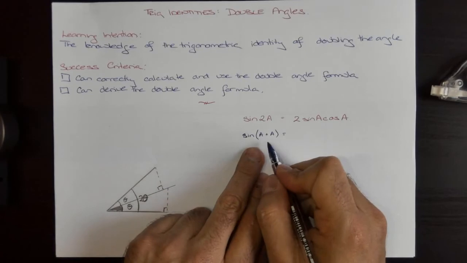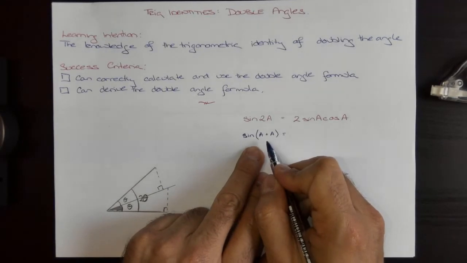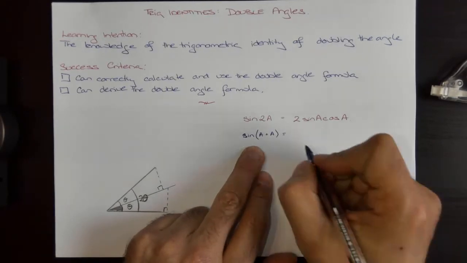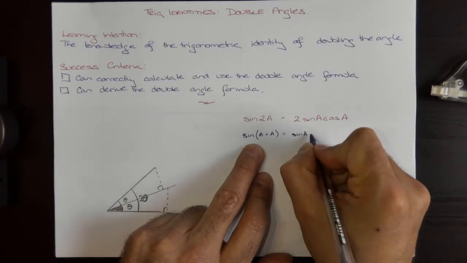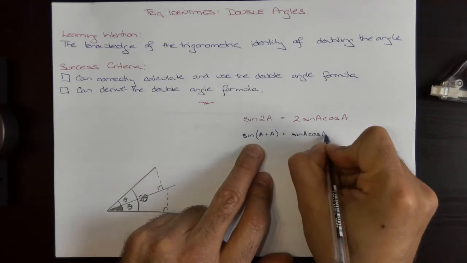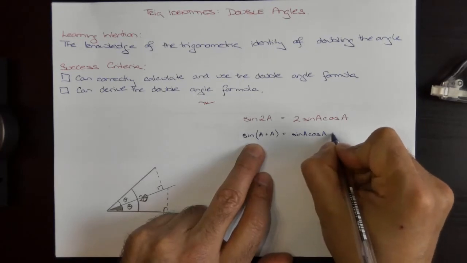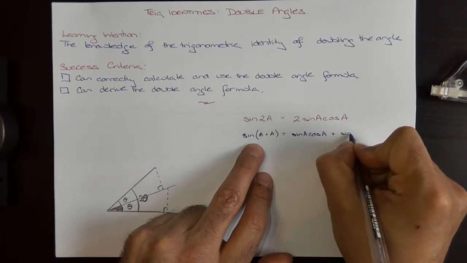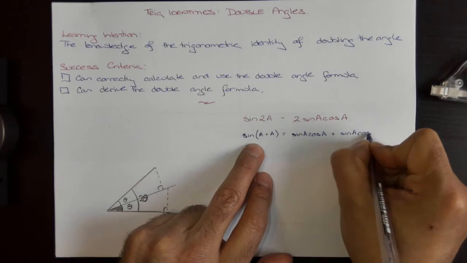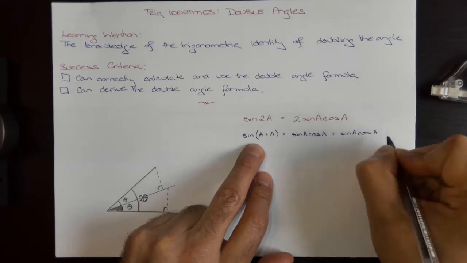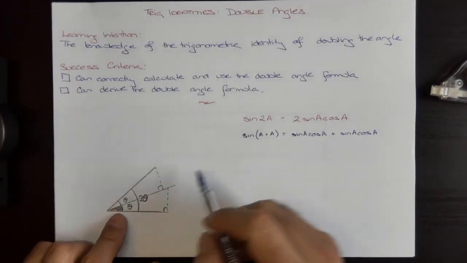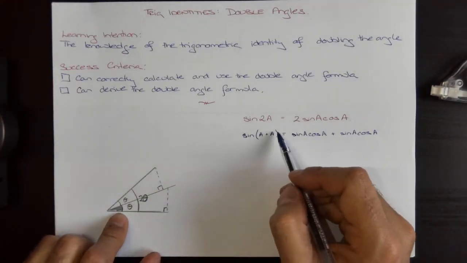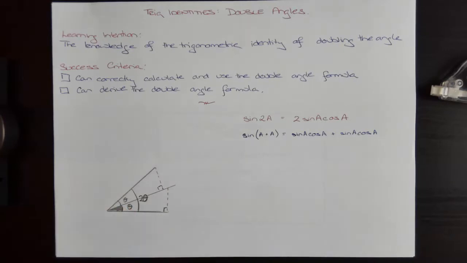Well, we know from our previous lesson on sum and differences of angles, that's sine A cos A plus sine A cos A, because technically, if we had the old formula, B is actually equal to A at the moment.